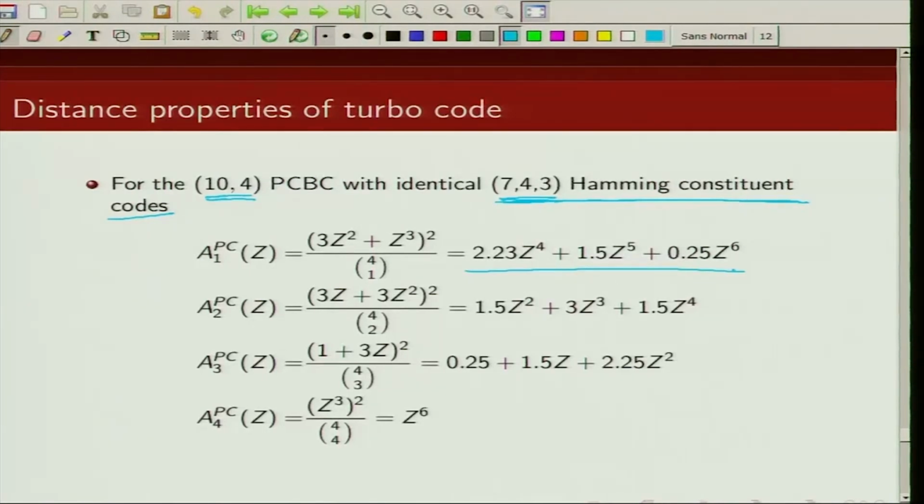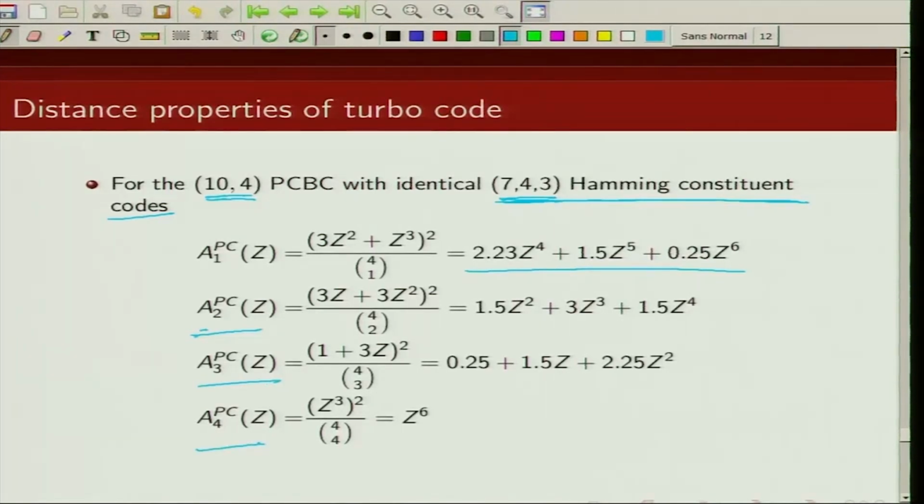You can see there are 2.23 on average sequences of parity weight 4, 1.5 sequences of parity weight 5, and 0.25 on average sequences of parity weight 6. Similarly, we could find out for input weight 2, input weight 3, input weight 4.